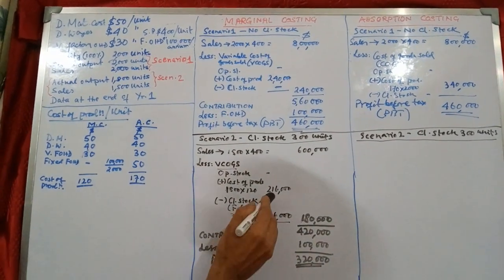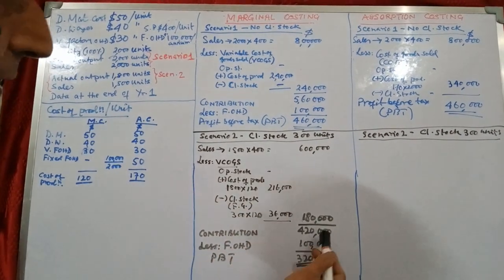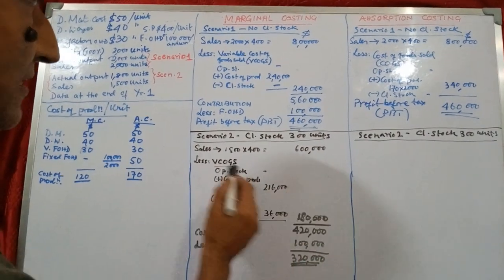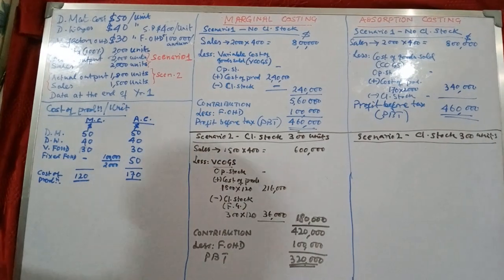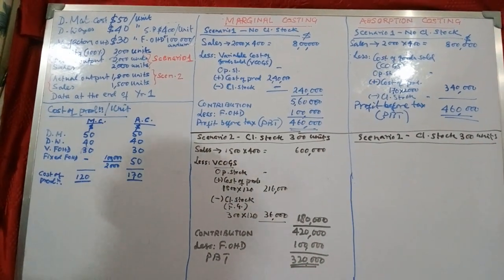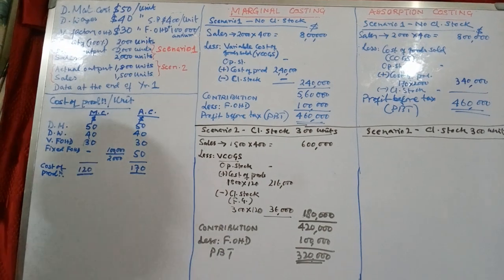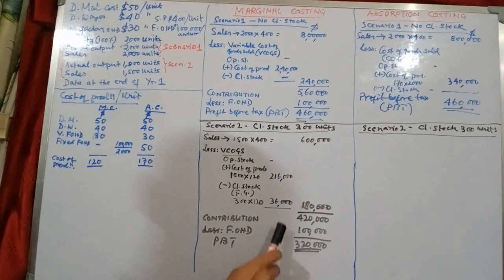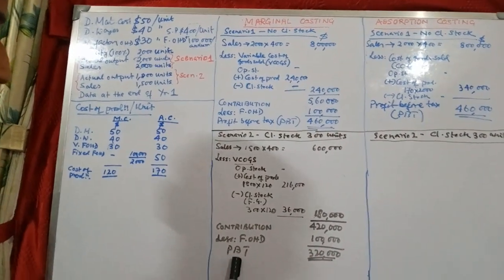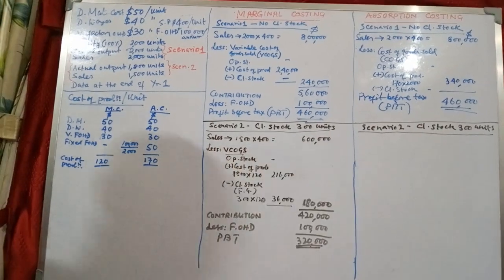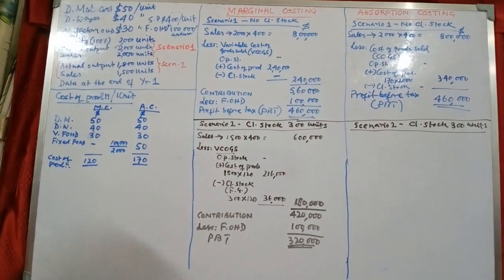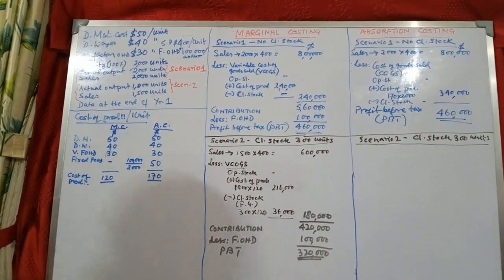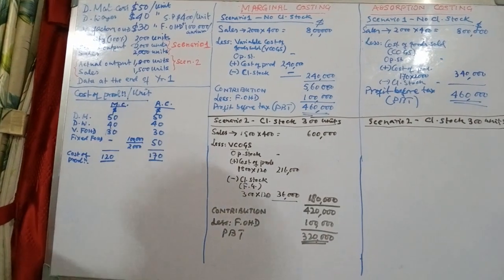So 216,000 minus 36,000, we get 180,000. So sales minus variable cost of goods sold gives us contribution of 420,000. From contribution we deduct fixed overhead of 100,000. So 420,000 minus 100,000, we get profit before tax of 320,000. So scenario 2 under marginal costing is done. Now we move to scenario 2 under absorption costing.